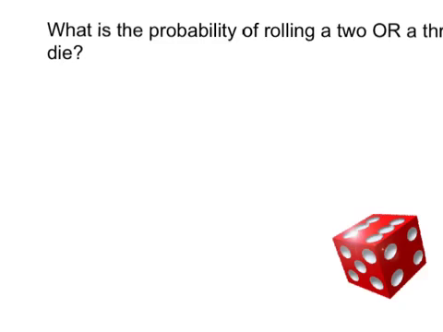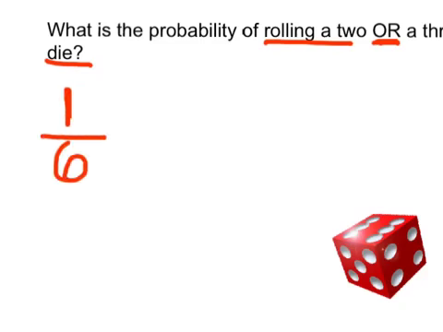For example 4, what's the probability of rolling a 2 or a 3 on a 6-sided die? The or is going to change this a little bit. We're going to have to add the probability of rolling a 2 and the probability of rolling a 3. Right. There's a 2 on the die, and there are 6 numbers total. So there's only one way that we can get a 2 when we roll it.